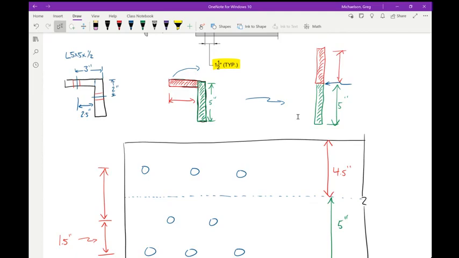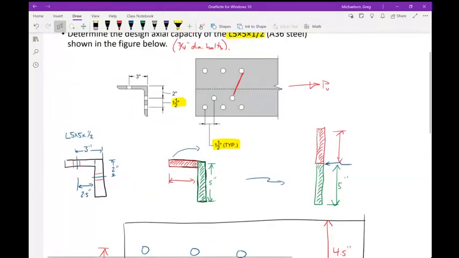Okay, let's focus on this for a second, and let's focus on this. We know that from this hole to the top of the angle is 2 inches.